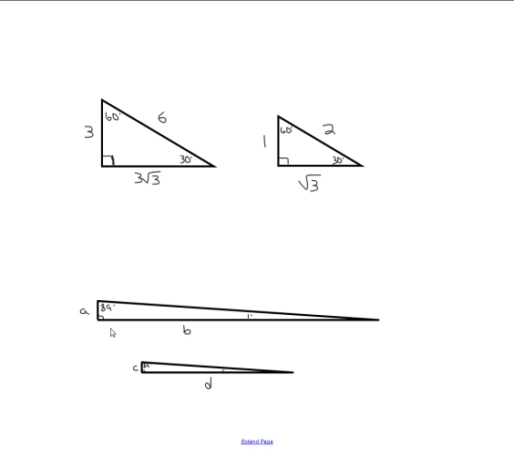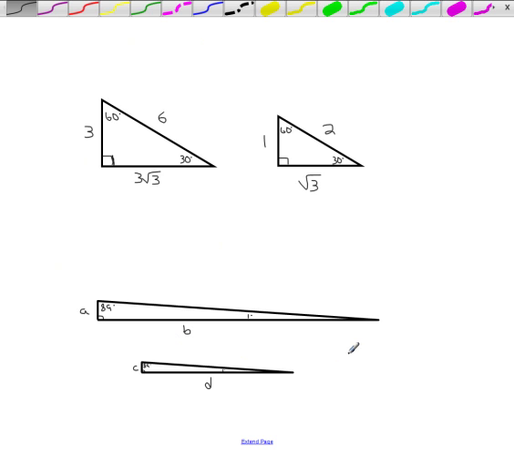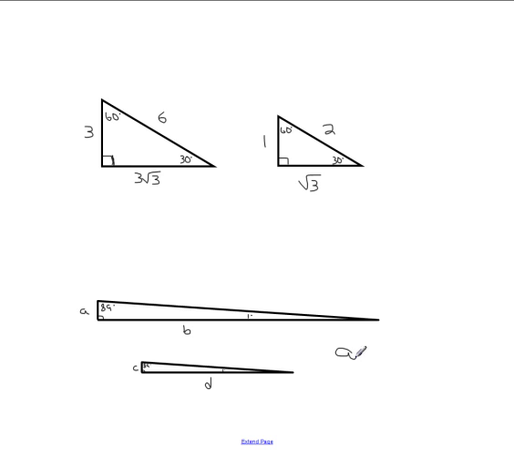So essentially, we could look at the short leg here and the long leg here, and we could conclude that the ratio of the short leg to the long leg in this 1-89-90 triangle is going to be the same as the ratio of the short leg to the long leg, so C over D, of this other 1-89-90 triangle.